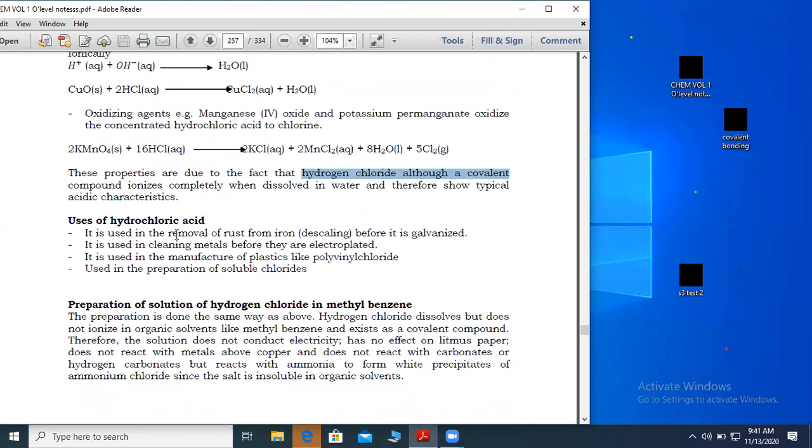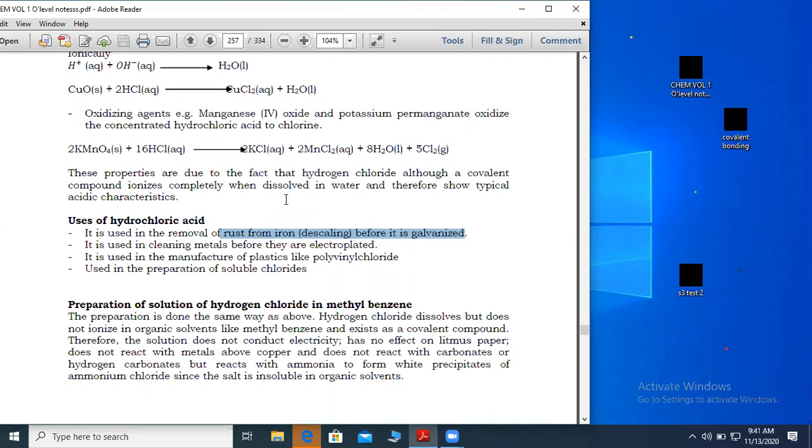Let us look at uses of hydrochloric acid, and that's where we shall stop for our lesson today. It is used in the removal of rust from iron before it is galvanized. You remember, hydrochloric acid reacts with iron to form iron 2 chloride and hydrogen gas.